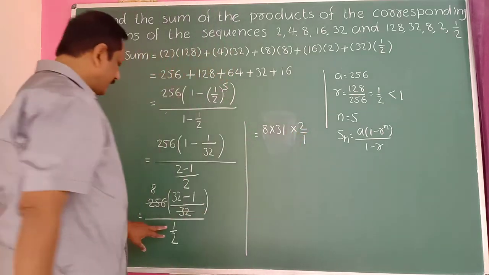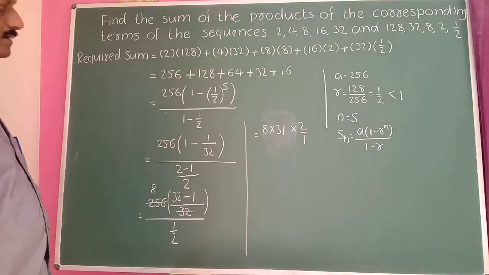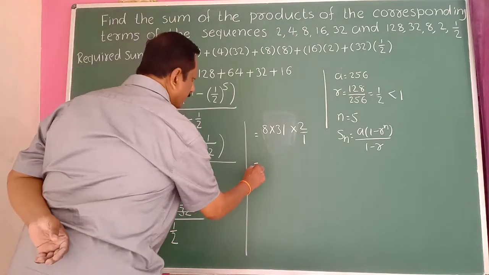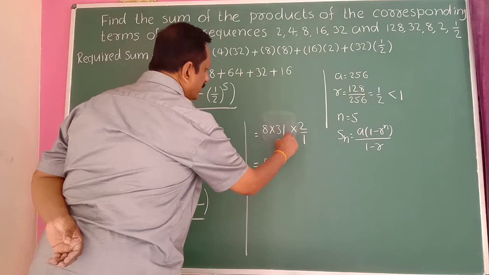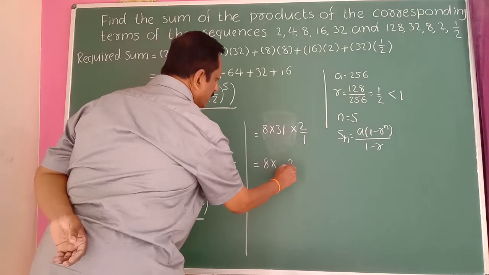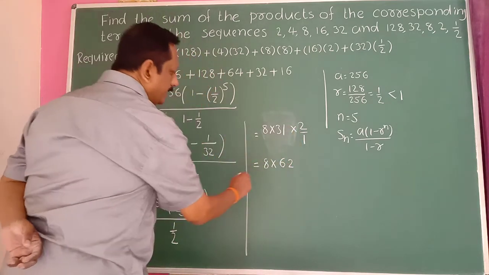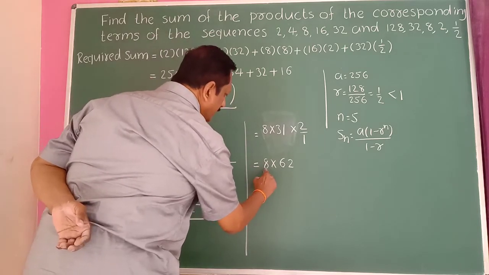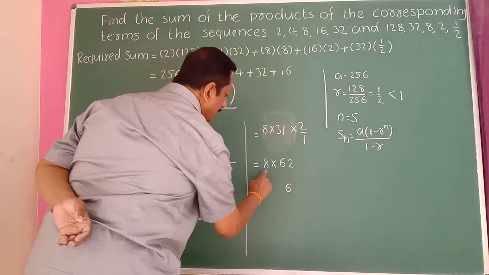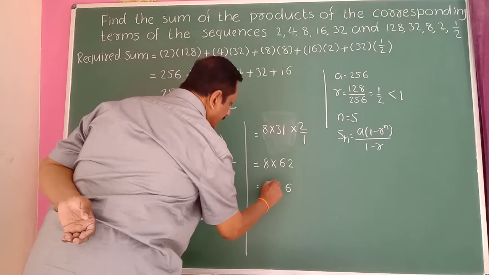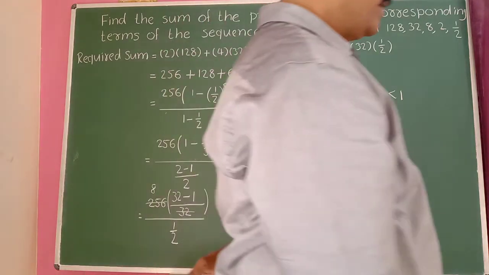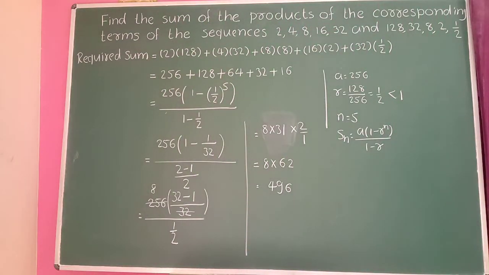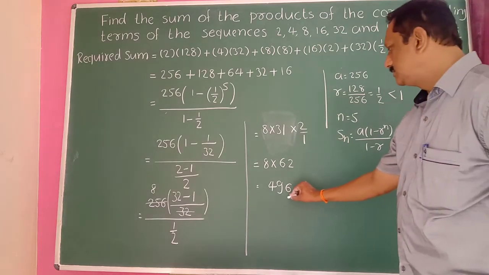Take 1 by 2 to numerator, it becomes 2 by 1. So this is equal to here 8 into 31 into 2. 2 ones are 2 here, 3 twos are 6. 8 into 62 here, 8 twos are 16, 8 sixes are 48 plus 1 is 49, 496 here. Therefore, required sum is 496. So this is the answer here.